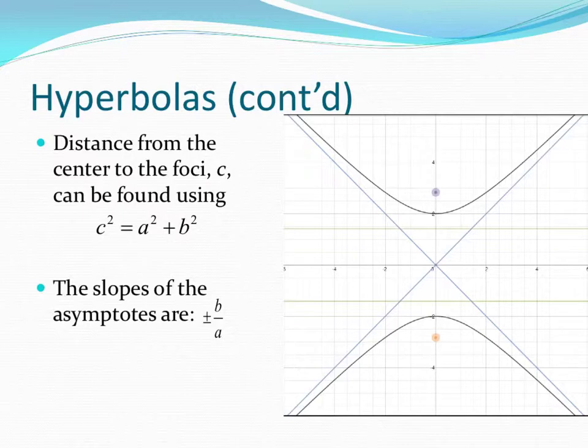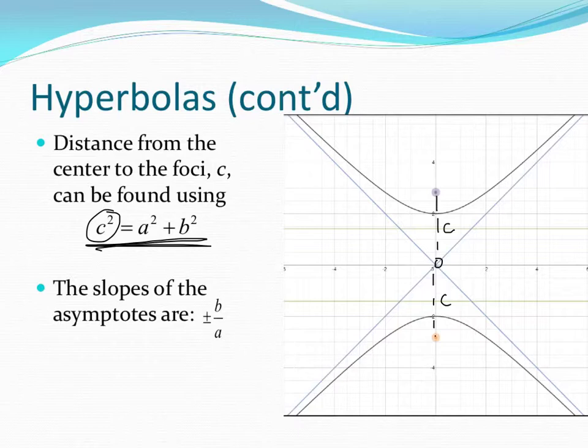We can also find the focal points of the hyperbola by using a variation of the Pythagorean theorem. Notice this is different than it was for the ellipses. This ensures that the c value is the largest of the three, c being the distance from the center to the focal points. So you have to go up and down from the center to find that.